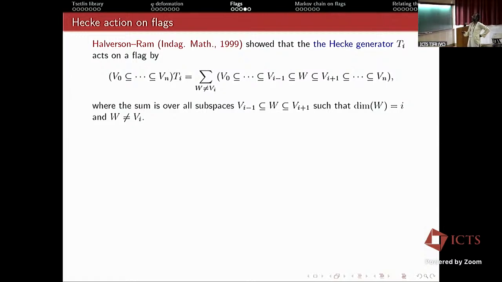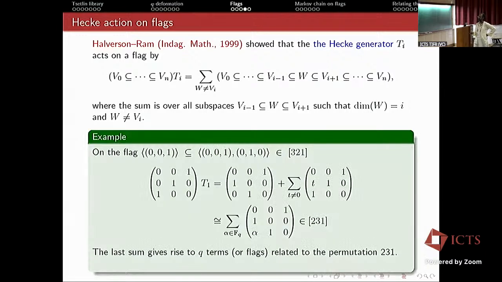So they realize that if you define it this way, then this T_i satisfies the fundamental relations of the Hecke algebra. And so, for example, if you take in this GL3(F_q), you have this flag which is E3 contained in E3, E2, and which is represented by the double coset for 3 2 1.